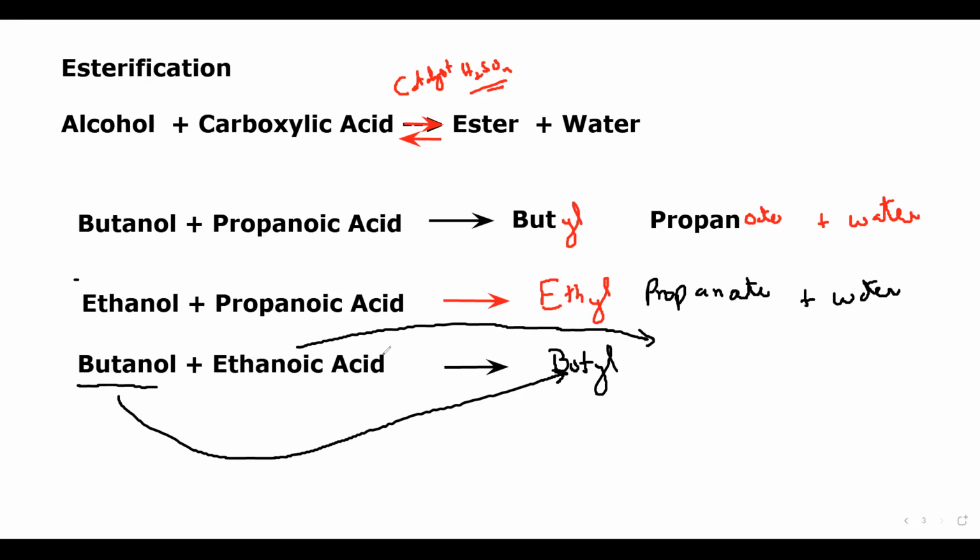Ethanoic acid is there, so it will be ethan and OATE, O-A-T-E. The ester name should have OATE. So butyl ethanoate plus water will be the product.